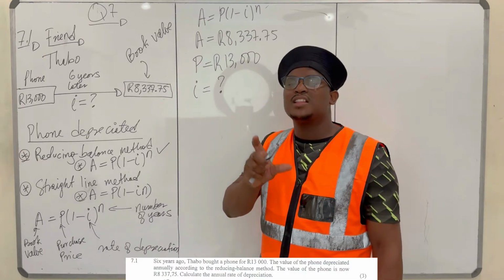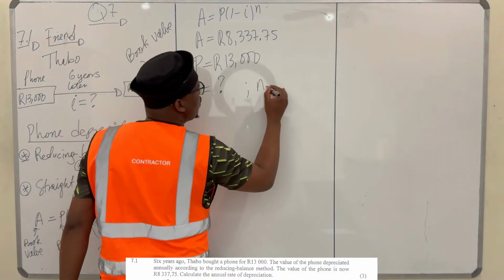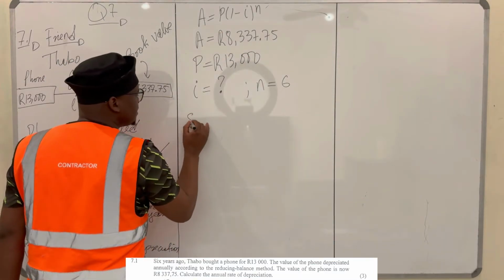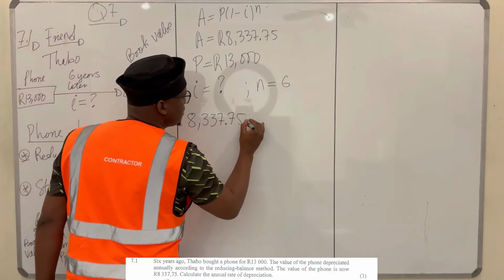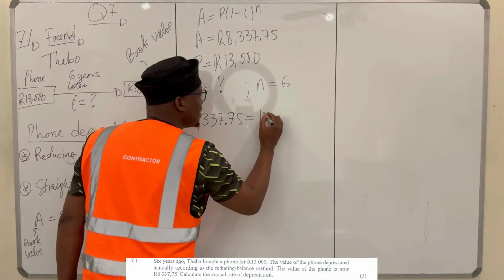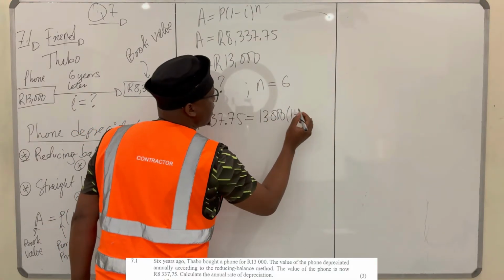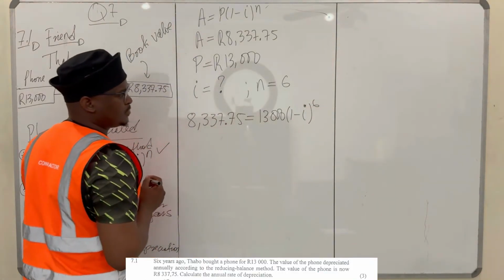And that period is 6 years. So N is equal to 6. Then you substitute all these things into your formula. So your A, 8,337 rand 75 cents, is equal to your P, which is your purchase price, 13,000, into 1 minus I all raised to 6.